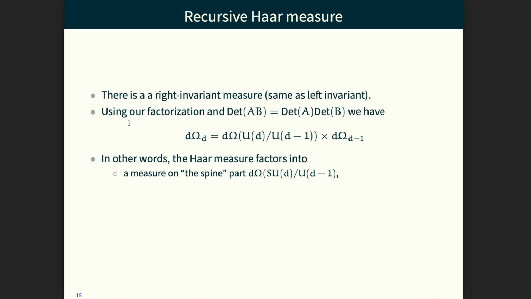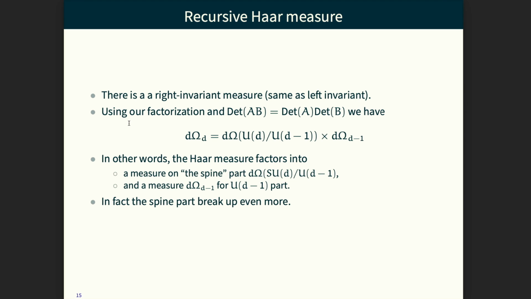Let me tell you a bit about that. That part here should be an SU, but that's okay. It's the part on the spine that runs at the leftmost of that set of blocks. And in fact, that spine does have a structure. And then that guy here is the part on the blocks on the right.